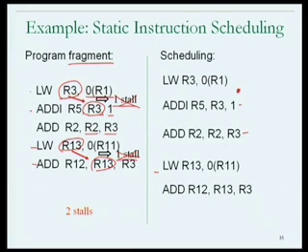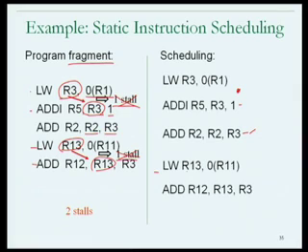Looking at the load word R13 instruction, I notice that this instruction uses R11 and modifies R13, whereas the add instruction uses R2 and R3. In other words, they have no registers in common. Further, I know that these two instructions have no side effects. They don't have any implicit operands like R31. And therefore, with some confidence, I can say that the load word instruction is independent of the add R2 instruction.